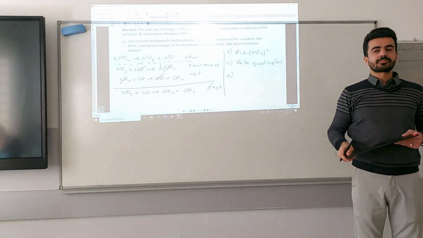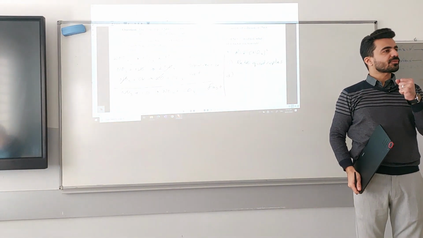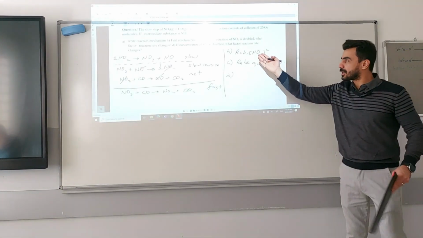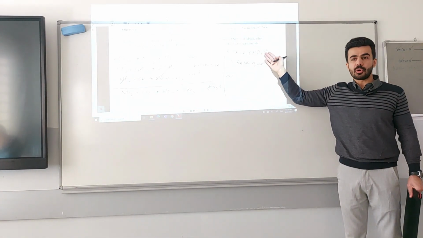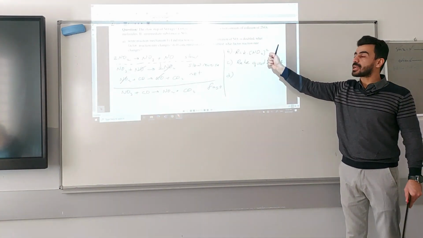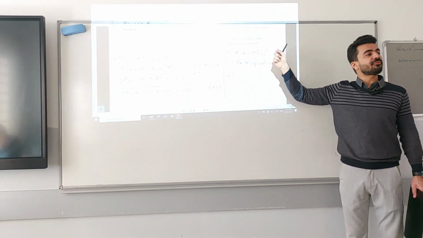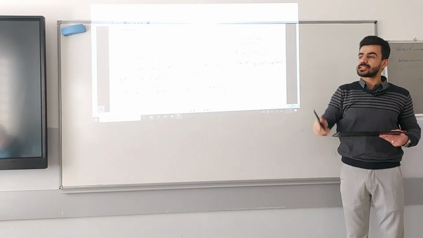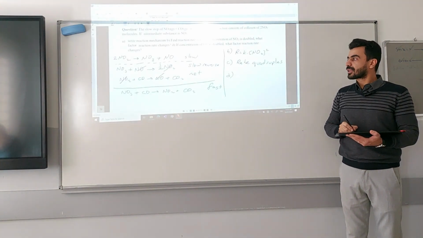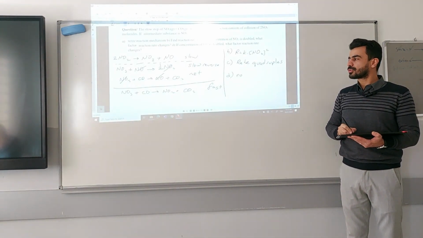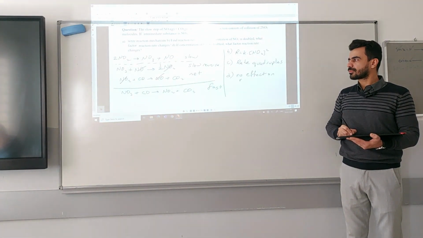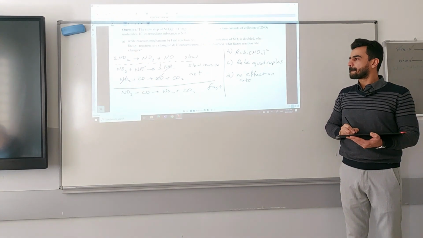D says, what if we change the concentration of CO? Do we have CO in the rate law? No. If something is not in the rate law, it's in the fast step, which means it's not affecting the rate. So you will say no effect on rate. Why?